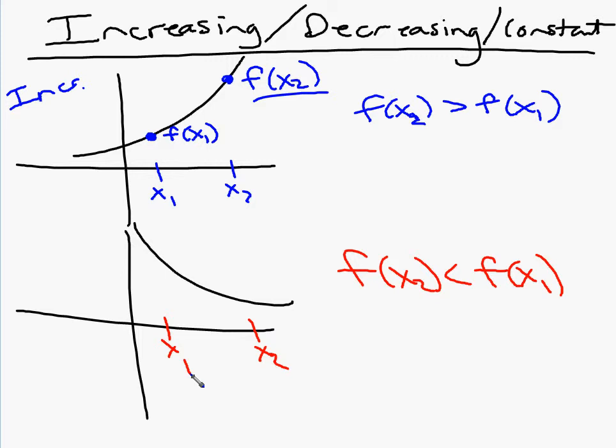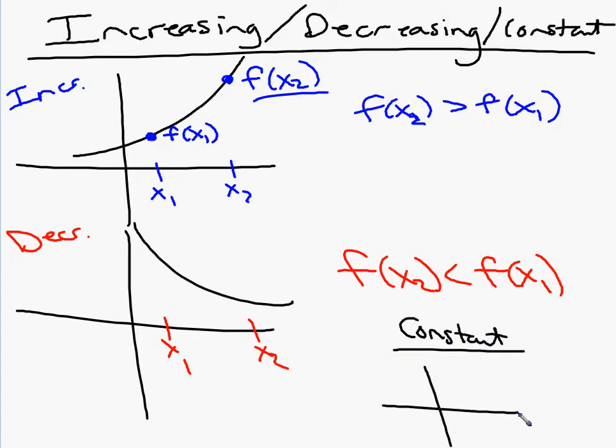And what would we say if it was constant about f of x2 and f of x1? They're equal to. Okay, so this is decreasing. And if it is constant, I'll just put it down here in the corner. If it's constant, which means I have a horizontal line, then f of x2 equals f of x1. All right, that's an important little review for us.